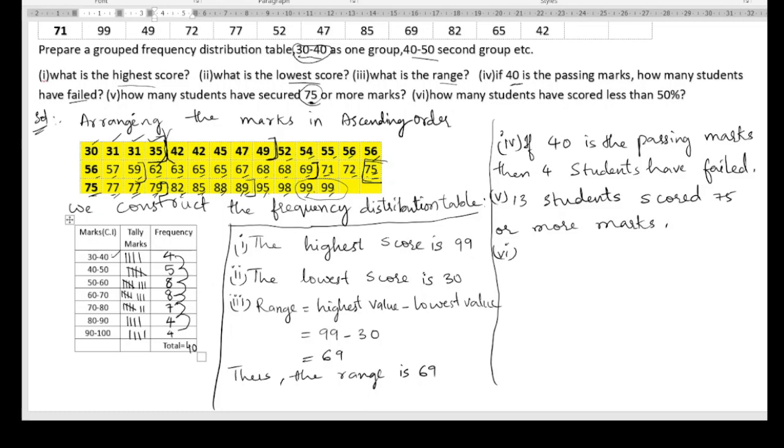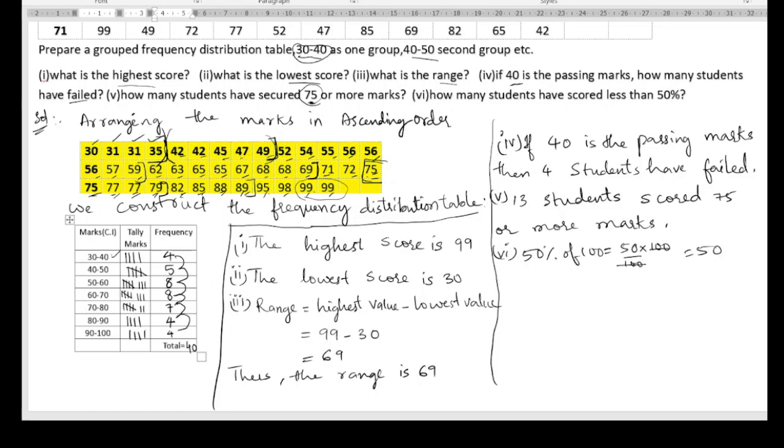Next is the sixth part. They were asking how many students scored less than 50%. We know that 50% of 100 means 50 only. So we need to check before 50 how many students there are: 1, 2, 3, 4, 5, 6, 7, 8, 9.